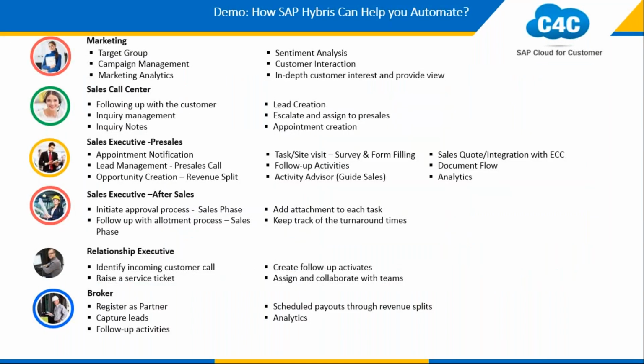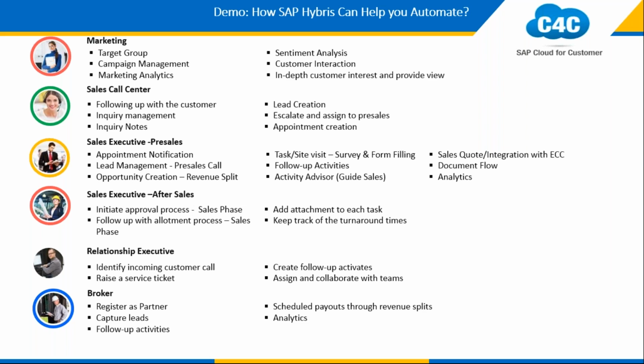Now, this is where I've captured the functionality or the capability of the system according to the process. There are a few features in C4C which have been grouped in a process. So here you can see there's a marketing process mentioned above. There are two types of marketing tool. In C4C sales, we have a marketing part, which is a very small part.